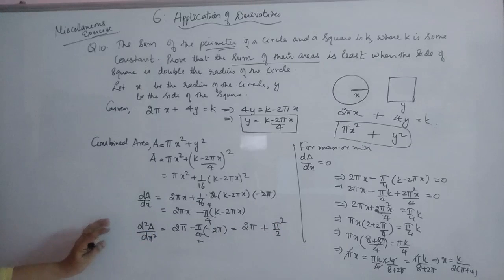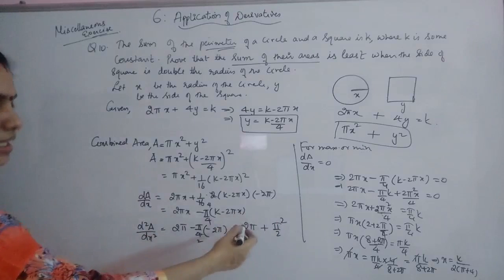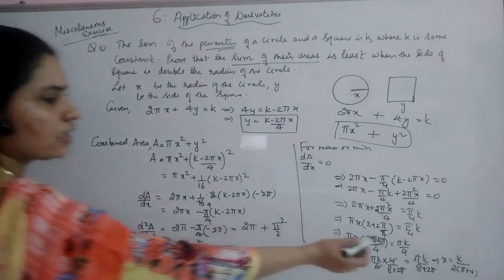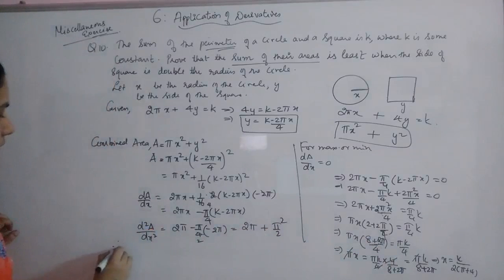So that will not change the sign, it is already a positive thing and x is not there, so that at this point x equal to k by 2 into pi plus 4, yes, got it?